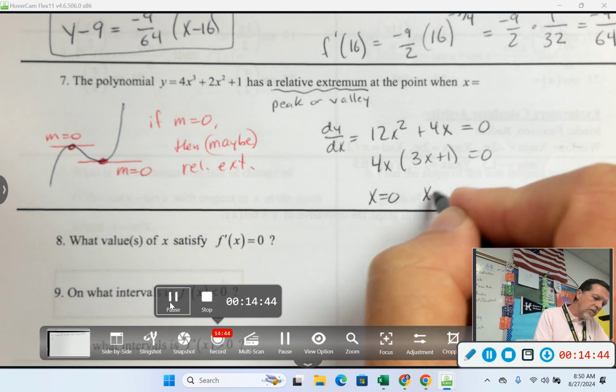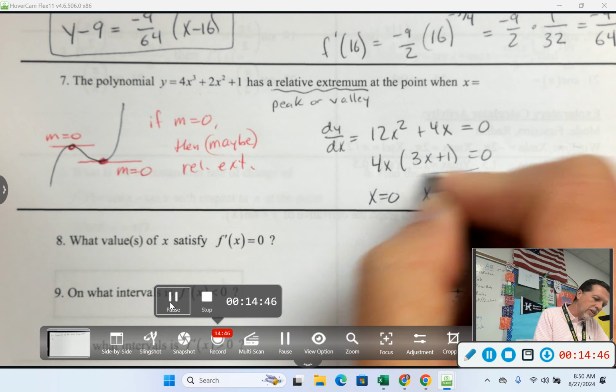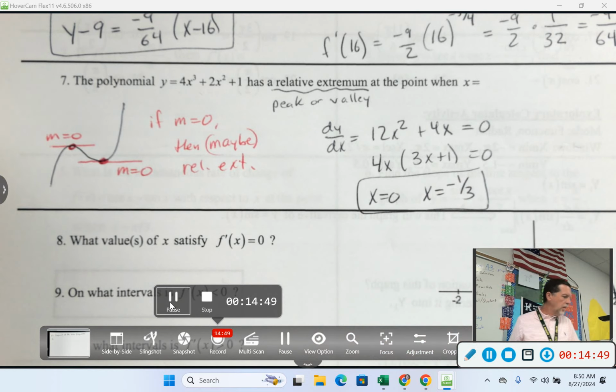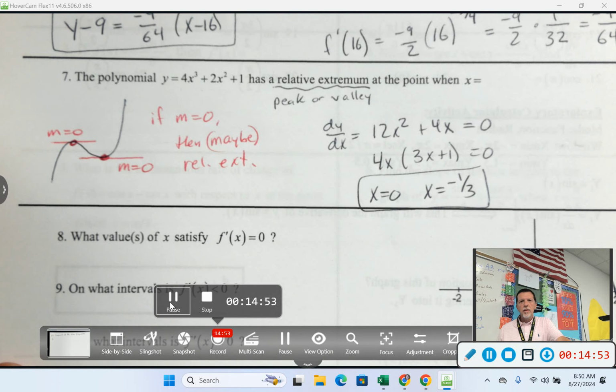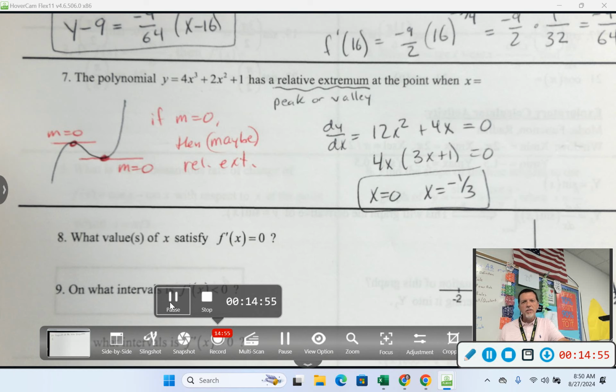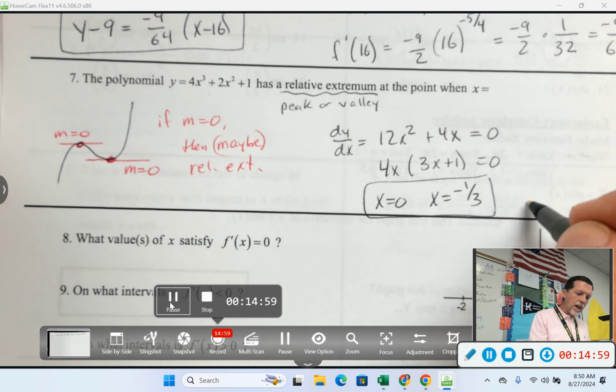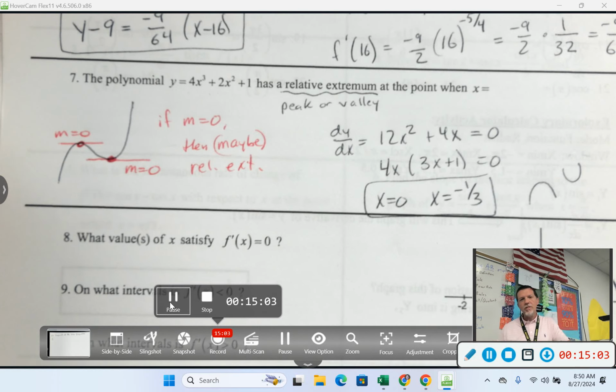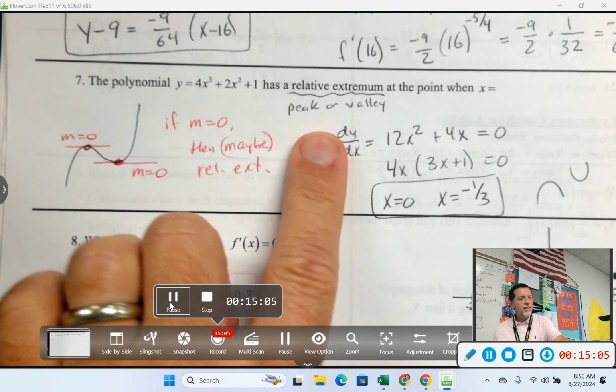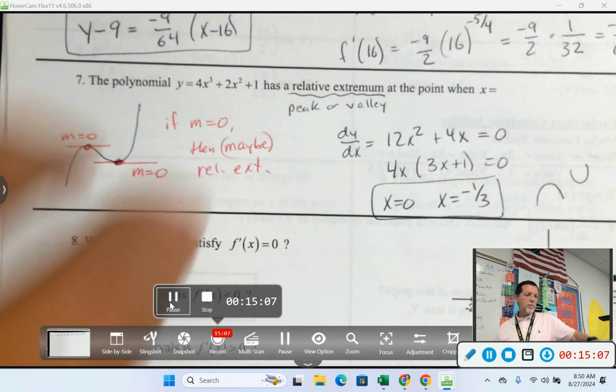So x equals 0 and x equals negative 1/3. So those are places where the slope is 0. And if the slope is 0, we don't know yet which one's a max or a min. That's for later, but we've got the idea of set the slope equal to 0 to find possible maximums and minimums.